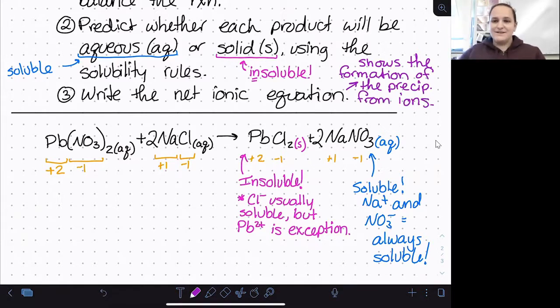So the reactant side of the net ionic equation is always going to be the cation and the anion when they're still dissolved in solution. And then the product is just going to be the solid precipitate.